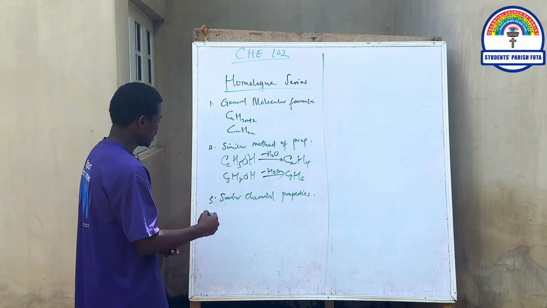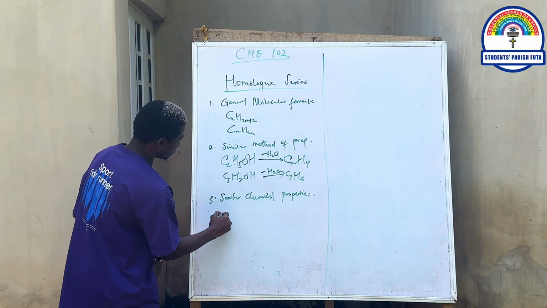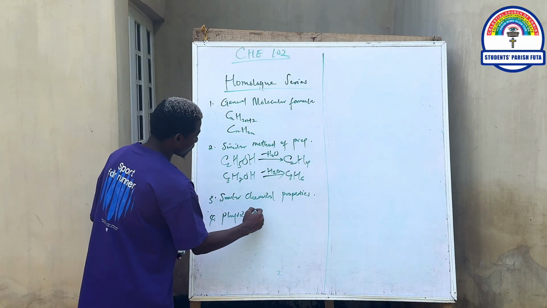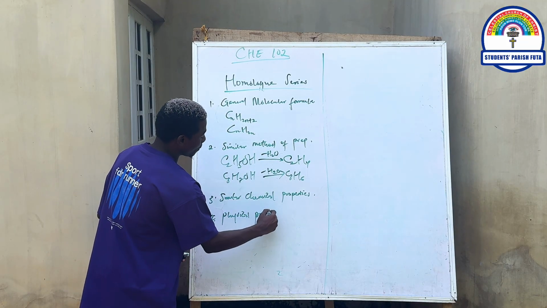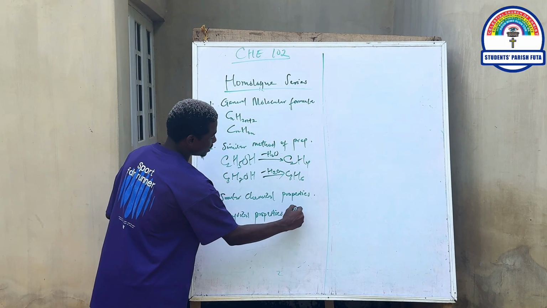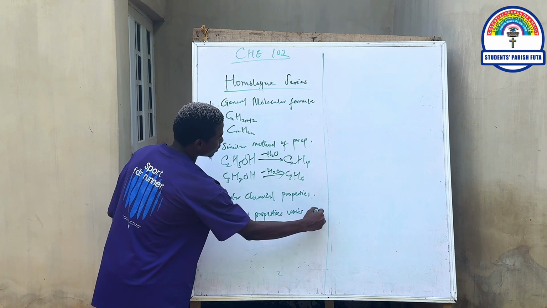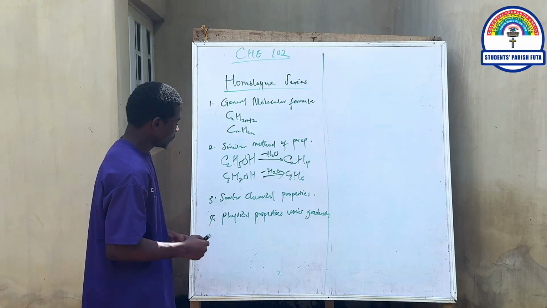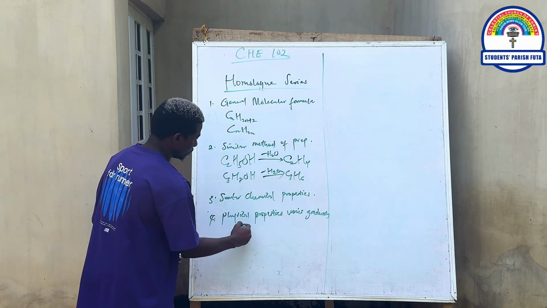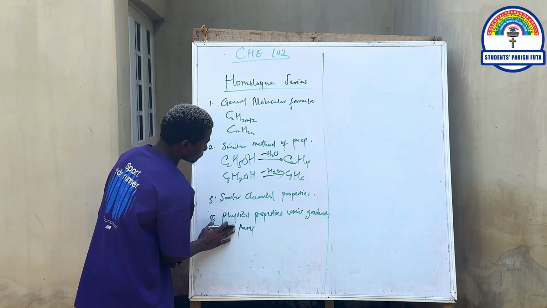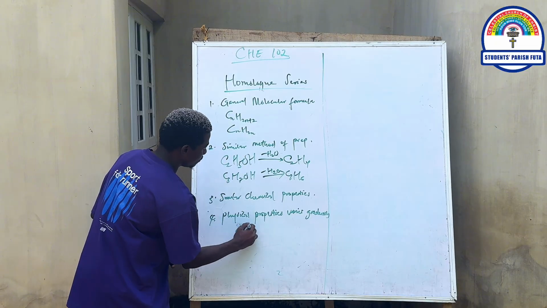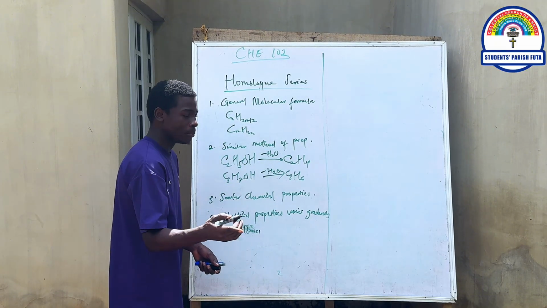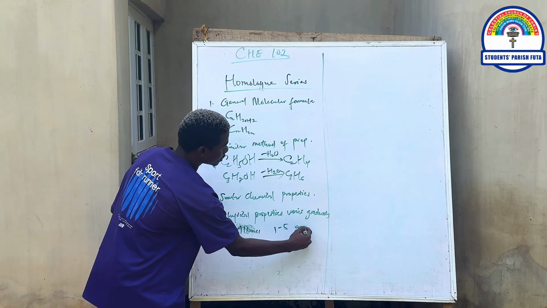Like that. So the next one is their physical properties. They don't have similar physical properties. The physical properties vary gradually. That is, it changes bit by bit. For instance, if you look at the alkane family, the first 5 members, that is methane to pentane, they are gases.